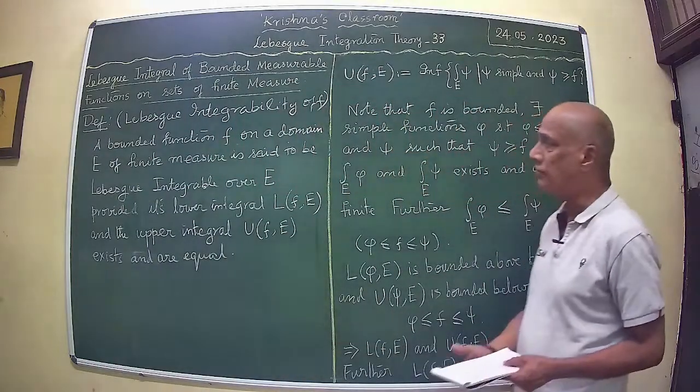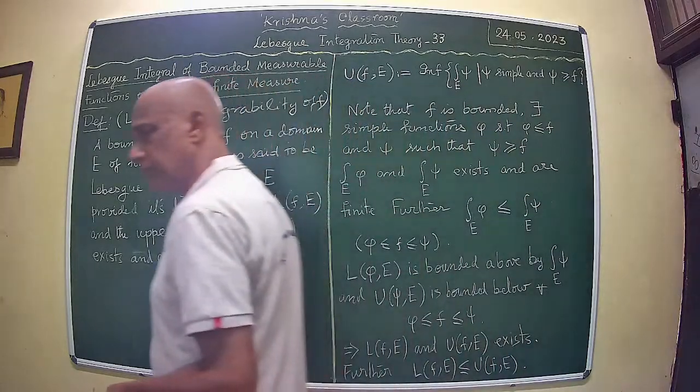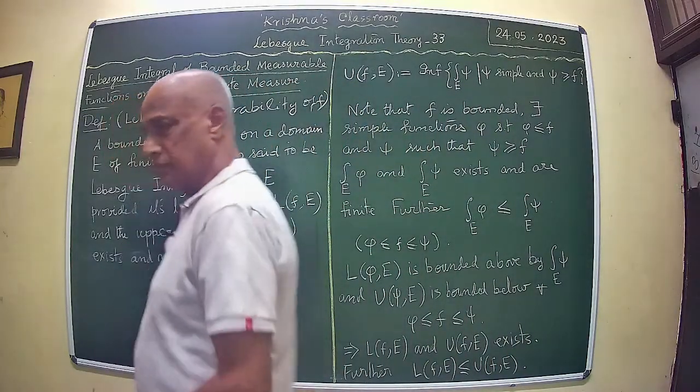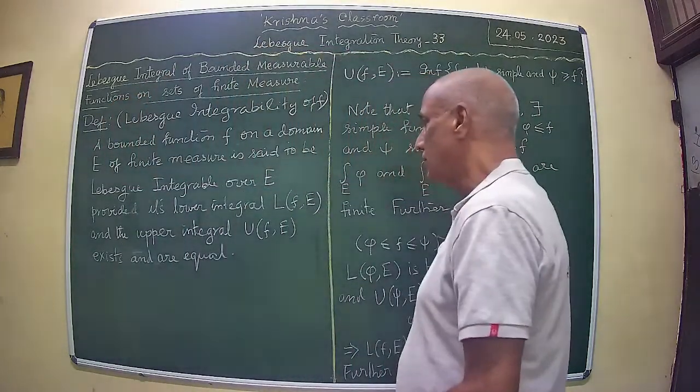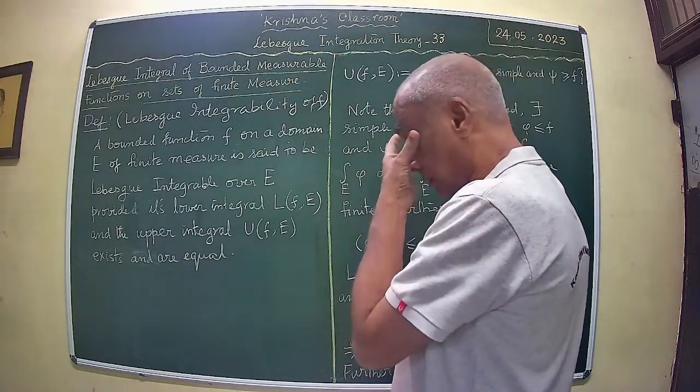You see, you don't have to assume that the function f is measurable to get the existence of the lower integral and the upper integral.